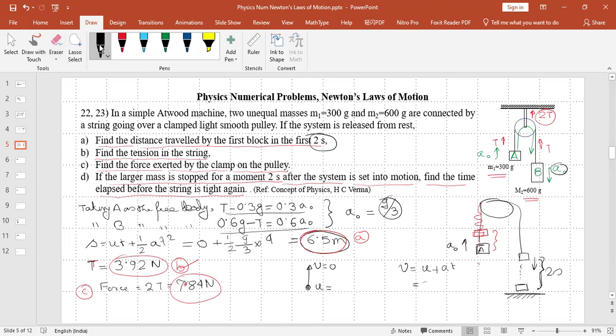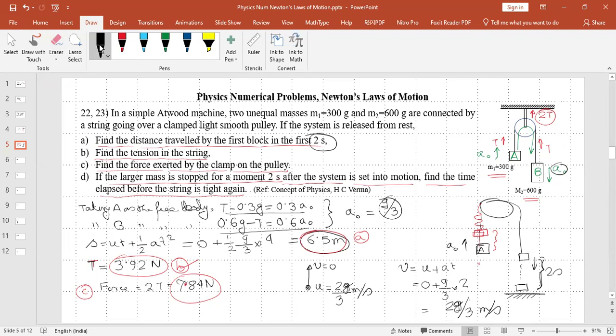This is equal to, initial velocity was 0, a was g by 3, t is 2 seconds, that is equal to 2g by 3 meter per second. That means this u is equal to 2g by 3 meter per second.